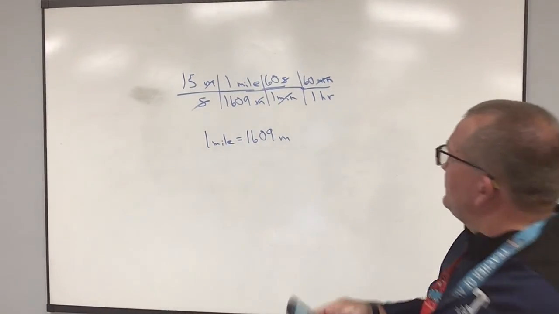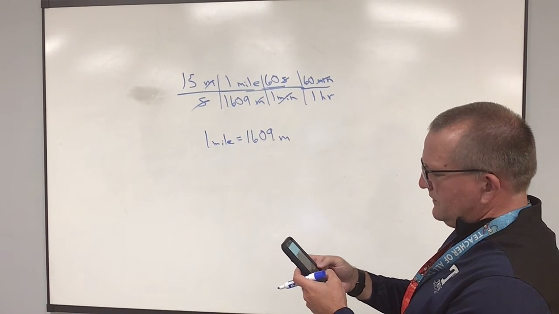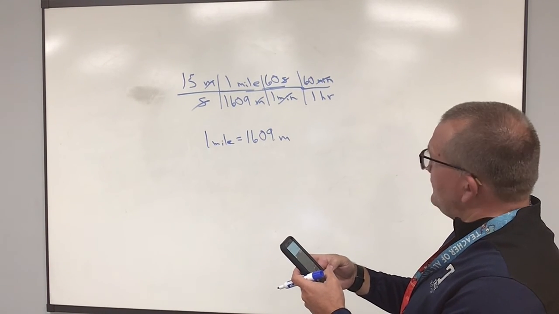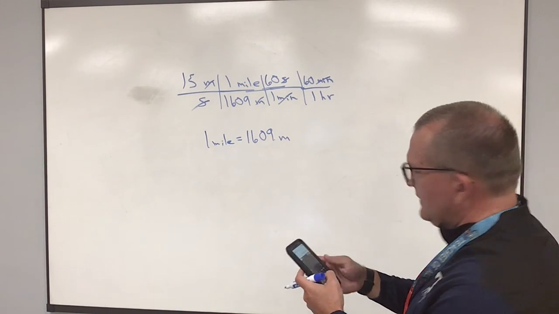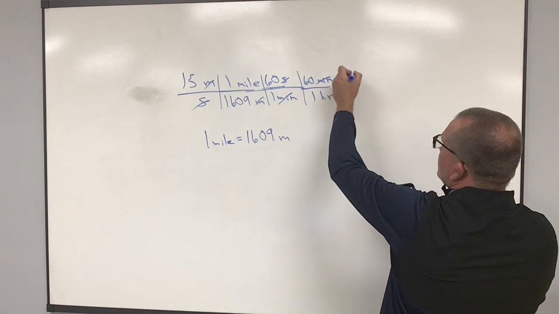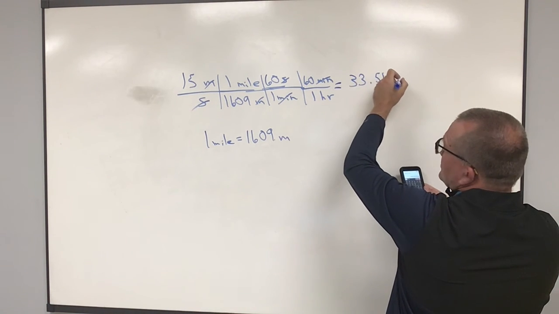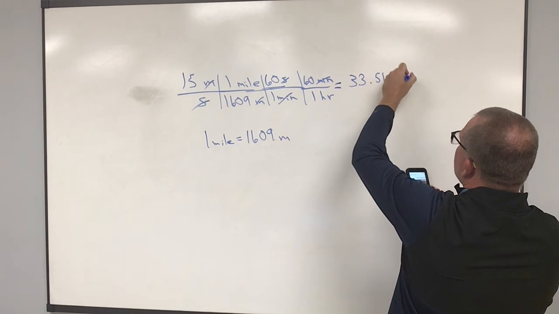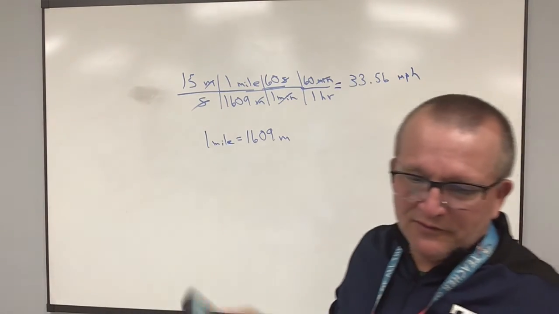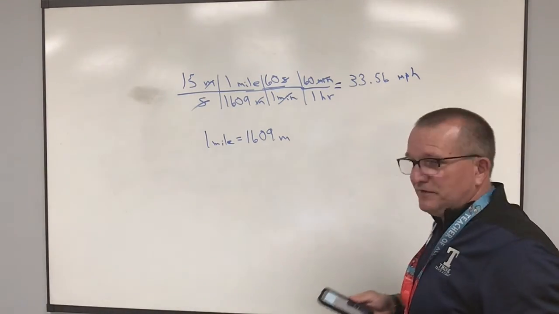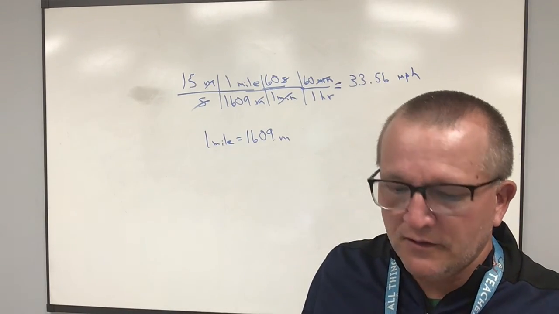And now it turns into calculator math, and I take 15 times 60 times 60, and then I equal that and divide that by 1609, and I get 33.56 mph, miles per hour. And if the speed limit's 35 miles per hour, not exceeding the speed limit, so 15 meters per second is perfectly acceptable for this speed limit.